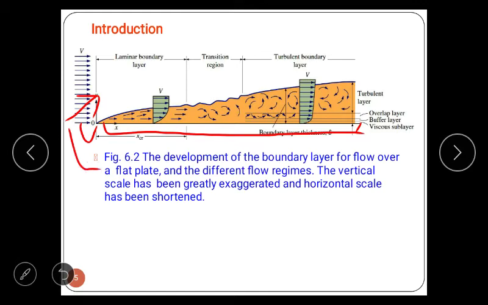Leading means from this point the boundary layer starts forming, and this last end I am showing here is known as the trailing edge.